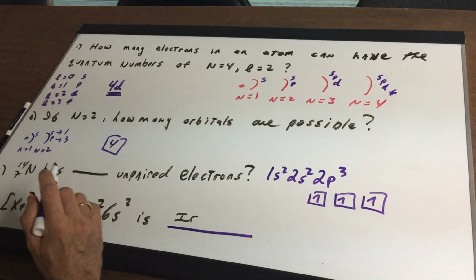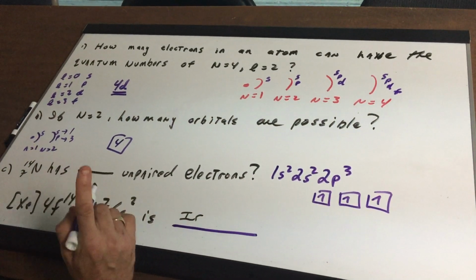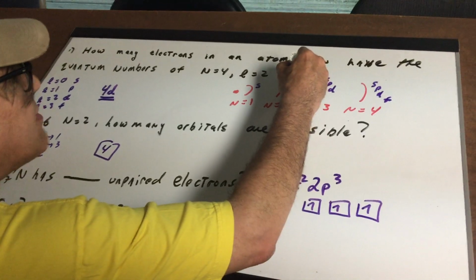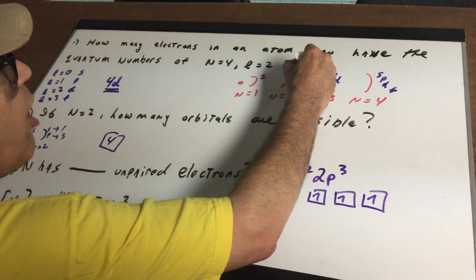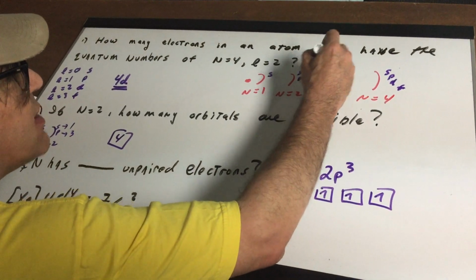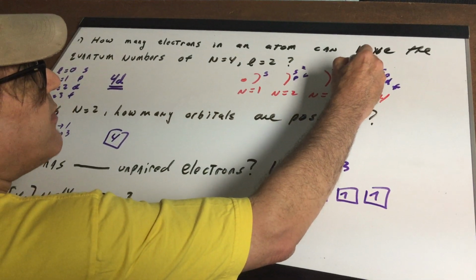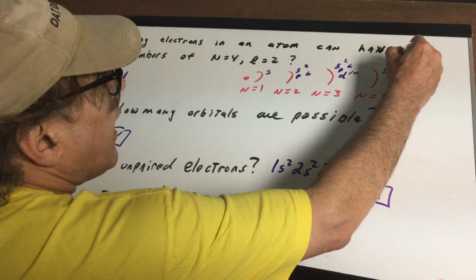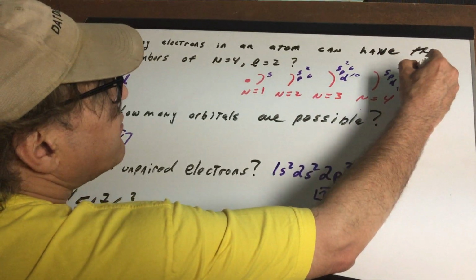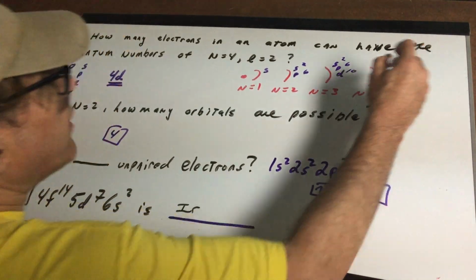Now we should remember the S sublevel can hold 2 electrons max, the P can hold up to 6, the D can hold 10, and the F is 14.